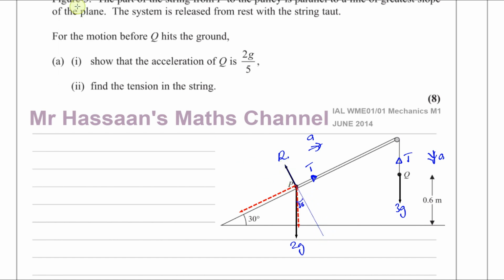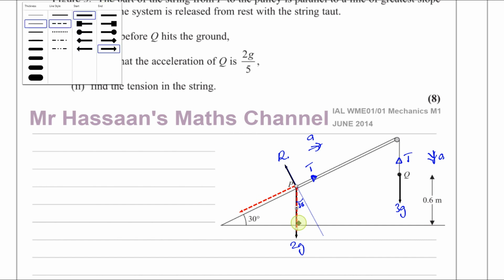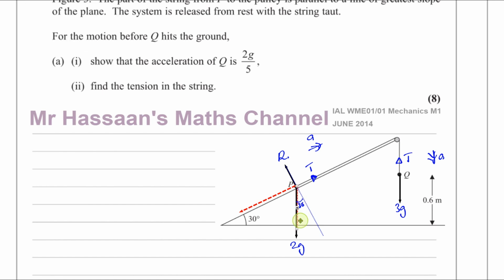For me to resolve in that direction perpendicular to the plane, I have to basically find the side which is adjacent, because you can think of this side here being like the opposite and this being the adjacent.